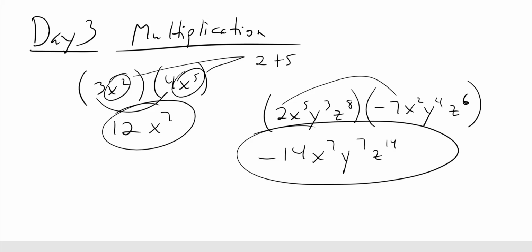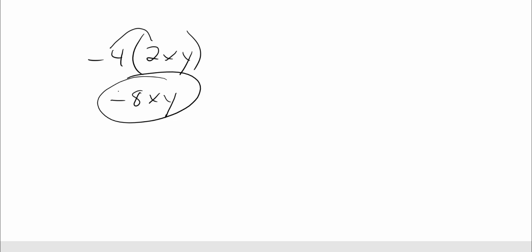If I give you a problem like this, negative 4 times 2xy. There's no variable with this negative 4, so literally I'm just multiplying that negative 4 times 2, and I get negative 8xy. So don't try to distribute that, because this is multiplication.